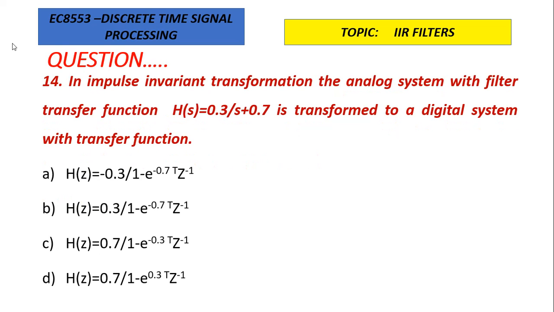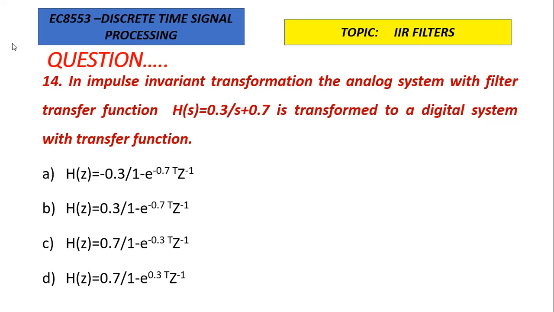Next, we are going to see a problem. When such types of problems are asked in an online examination, you can use the virtual calculator present in the examination window. So, in the impulse invariant transformation, the analog system with the filter transfer function H(s) equal to 0.3 divided by s plus 0.7 is transformed to a digital system with the transfer function.